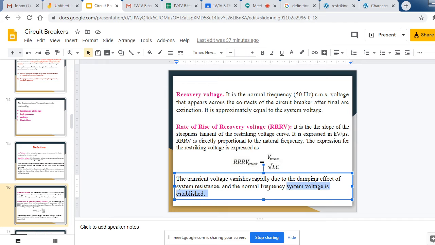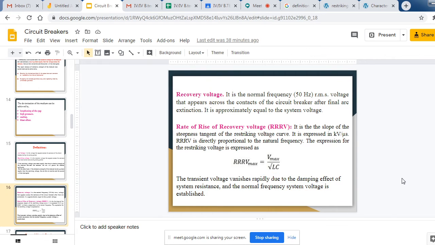Then that restriking voltage becomes the recovery voltage, which is approximately equal to the system voltage. So this is what we call the rate of rise of restriking voltage. First arc voltage, then restriking voltage, then recovery voltage, then the rate of rise of restriking voltage. Now, this is what we discussed: how many methods of arc extinction are there.